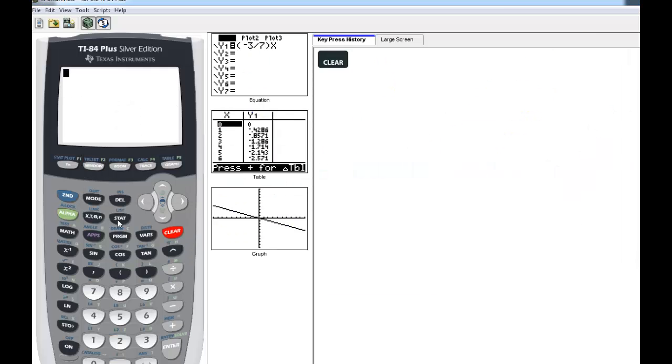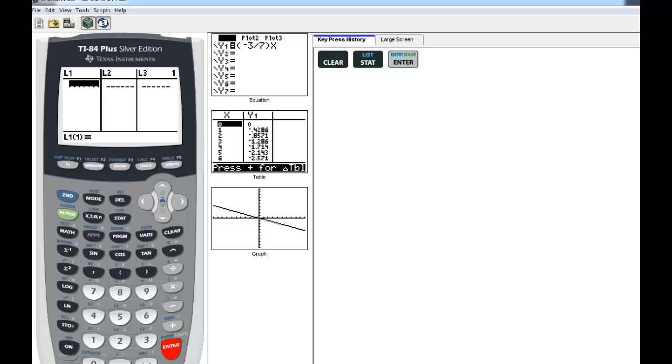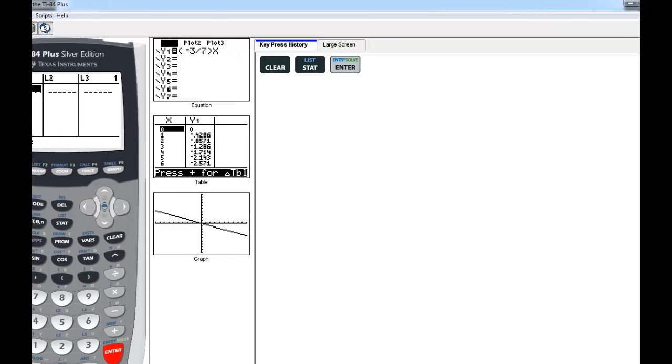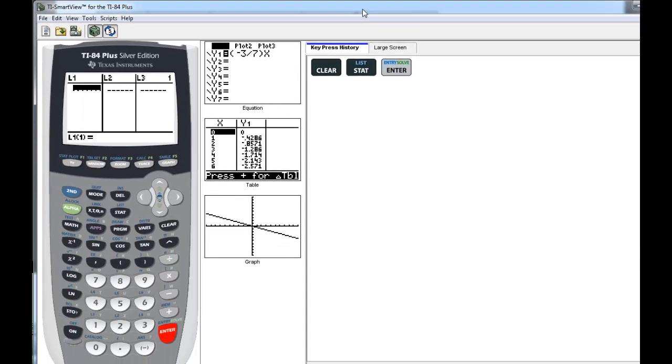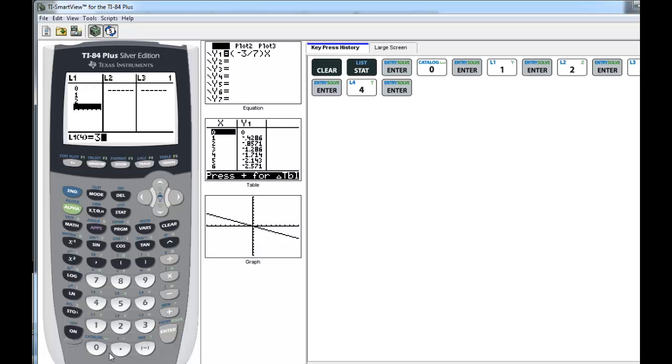Okay, so we'll go to Stat, Edit. In my list, I'm going to put in my x values, which I think were 0 to 5. So 0, 1, 2, 3, 4, 5.